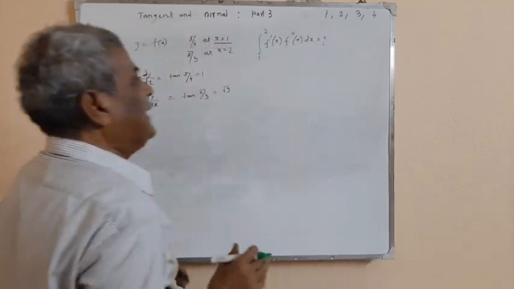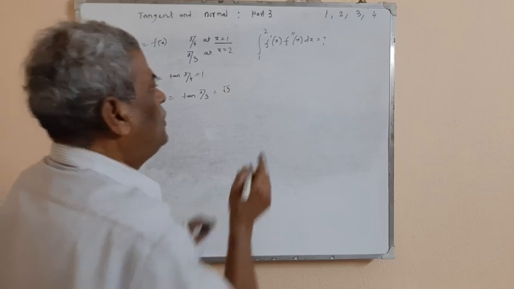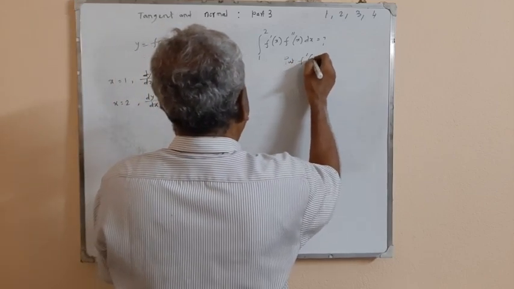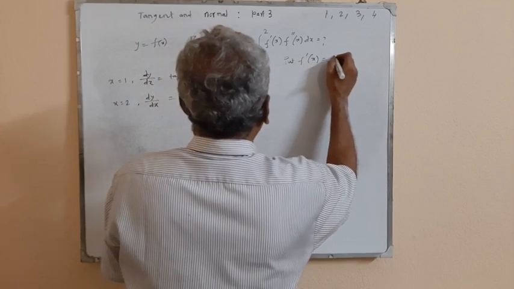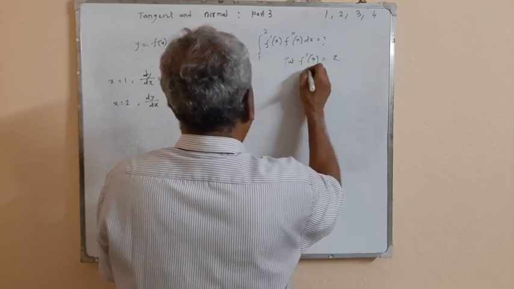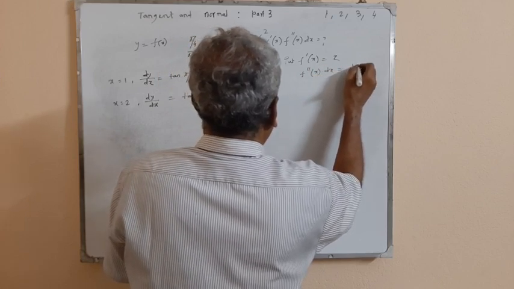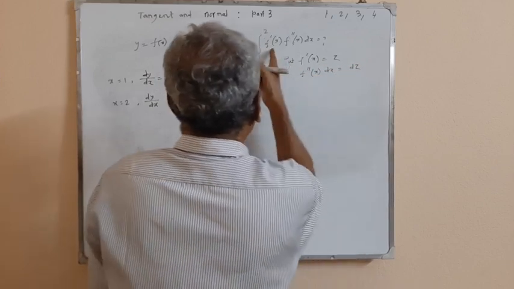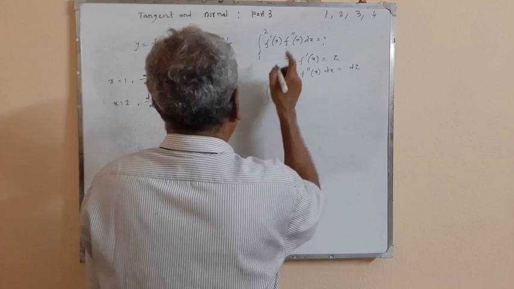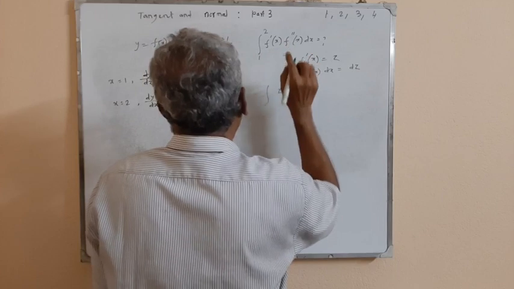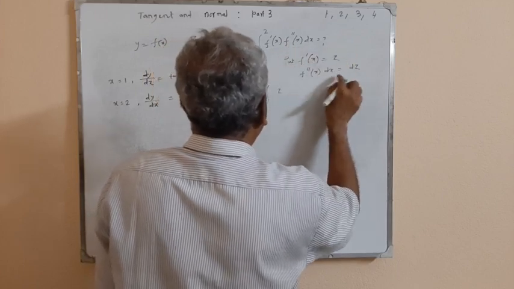Now we have to integrate that, the definite integral. Put f'(x) is equal to z. So f''(x) dx is equal to dz. So f'(x) means z and f''(x) dx is dz.